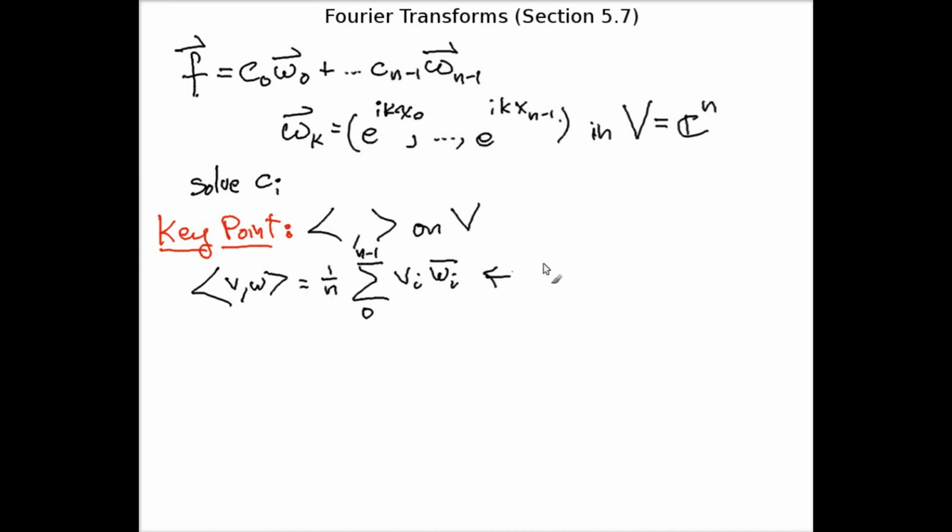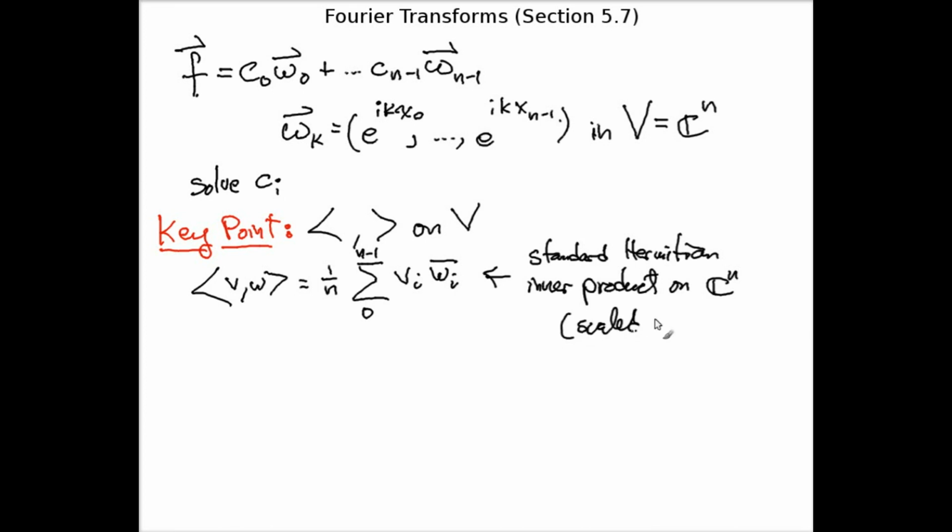And this is just a standard Hermitian inner product on Cn, scaled by 1 over n for convenience. And I suggest you go back to whatever section that was in the book about complex vector spaces and remind yourself about inner products on them. And the key point is that when you define an inner product on a complex vector space, you always put this bar on the second coordinate.